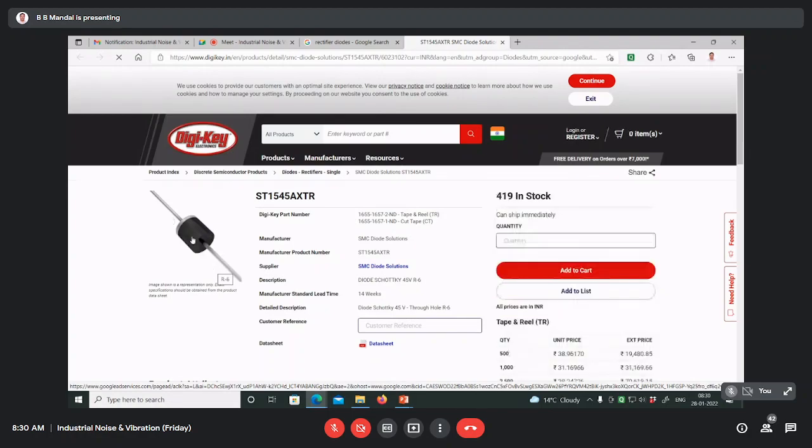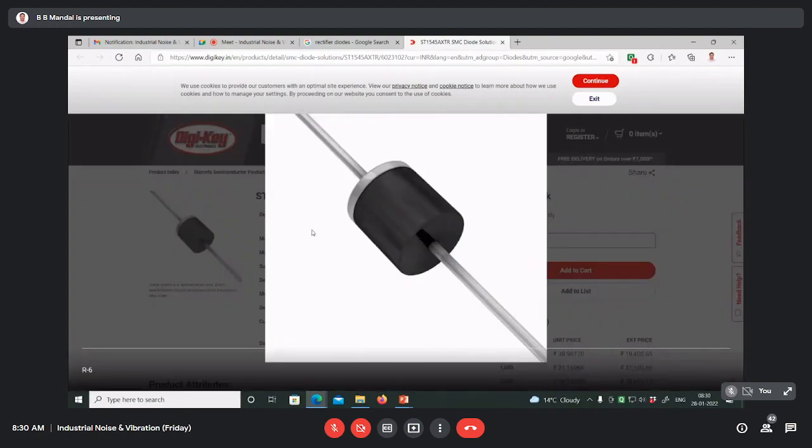Yeah, this one. This side is the anode, and this side is the cathode. The silver part is the cathode. That means the current can flow in one direction from your anode to cathode, right?